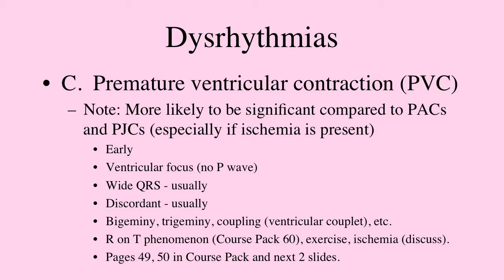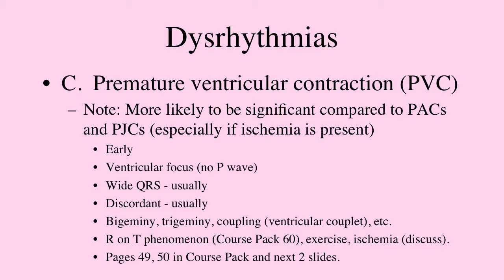In this case, it caused what's called ventricular fibrillation. We'll study that in a few minutes, but that's a real bad rhythm. It could also cause ventricular tachycardia. And this syndrome is called the R-on-T phenomenon, where the PVC hits right on the T wave and causes a bad dysrhythmia. That can happen sometimes, and again, page 60 shows an example of that.